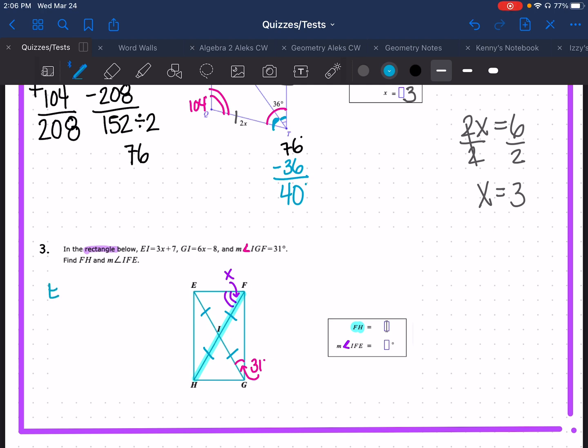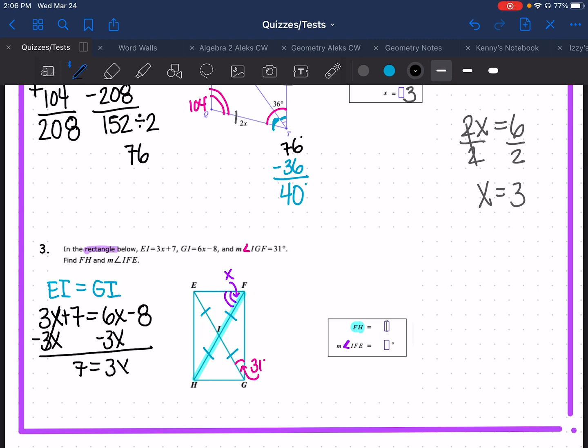I need to find x first, and I'm going to do that by setting EI equal to GI. So 3x plus 7 equals 6x minus 8. And I'm just going to go ahead and solve this equation. And then I'm going to plug my answer back in, and I'm going to find what they're asking me to find. All right, there we go.